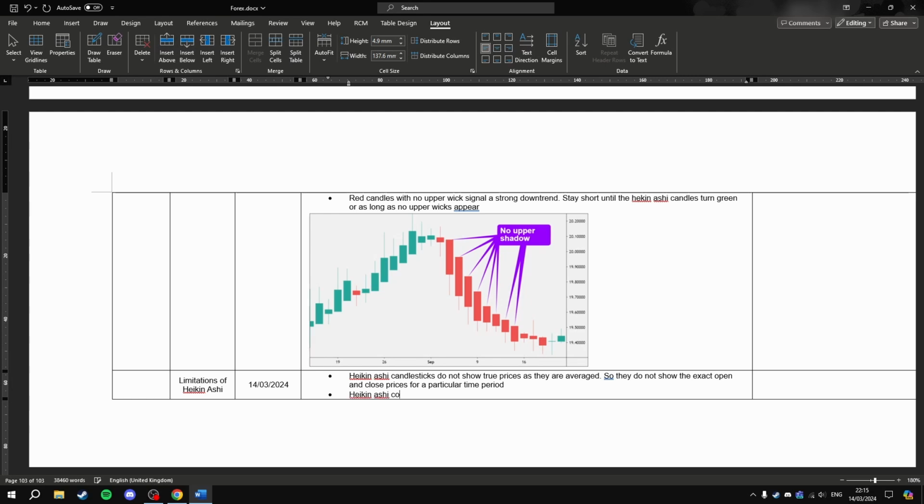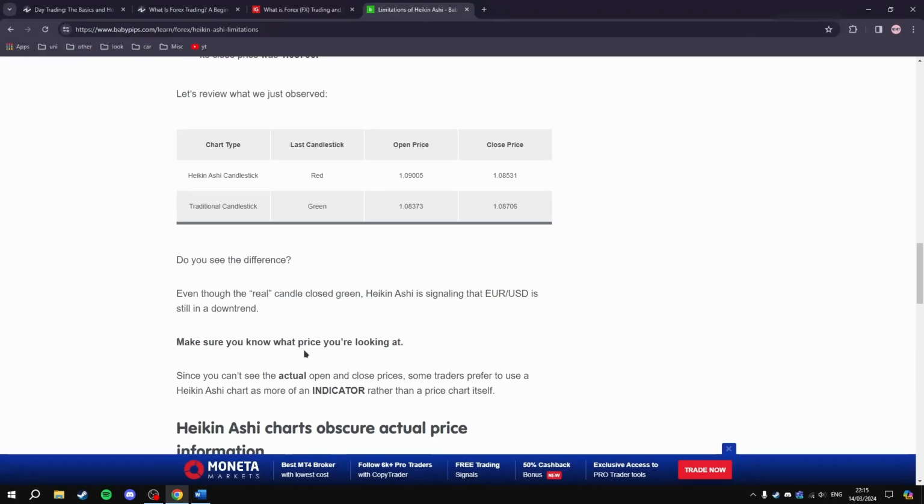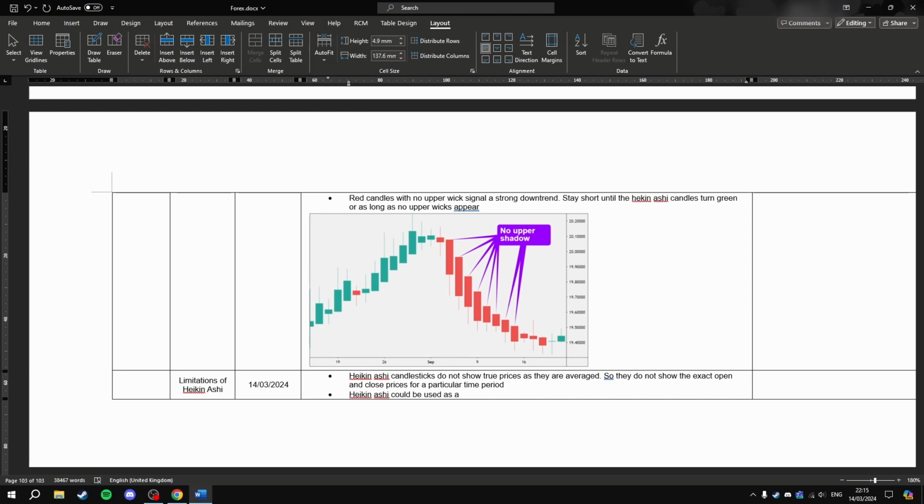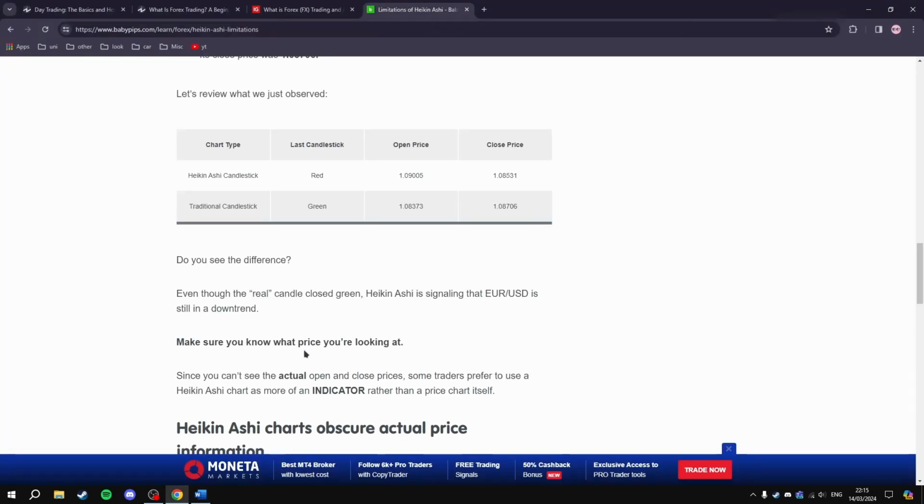Heikin ashi could be used as an indicator rather than a price chart, since it doesn't show true prices.